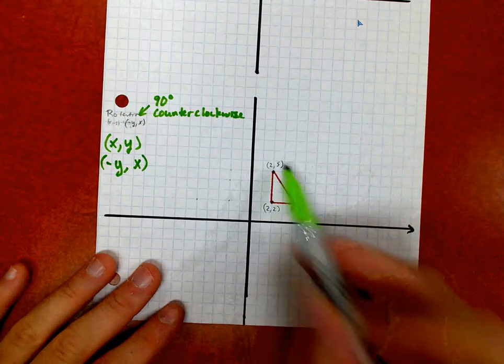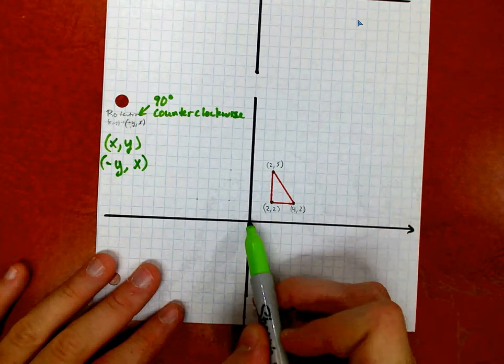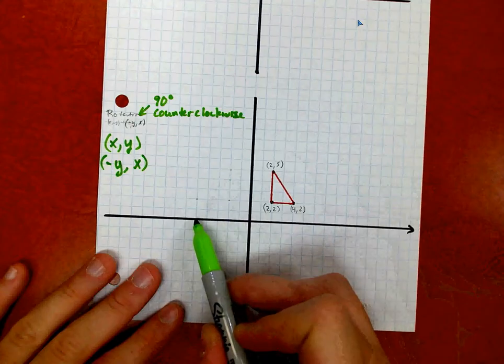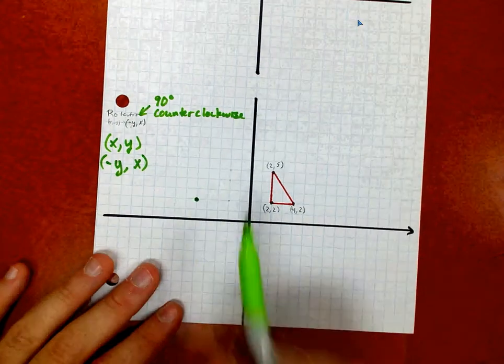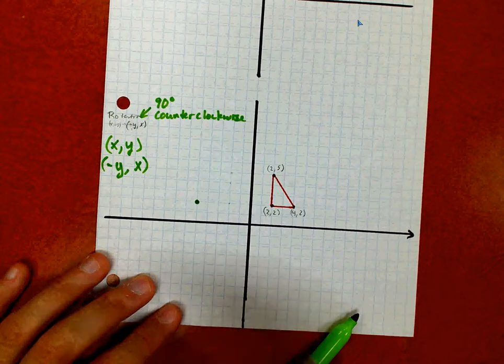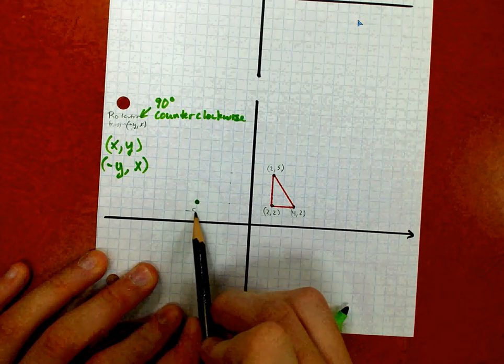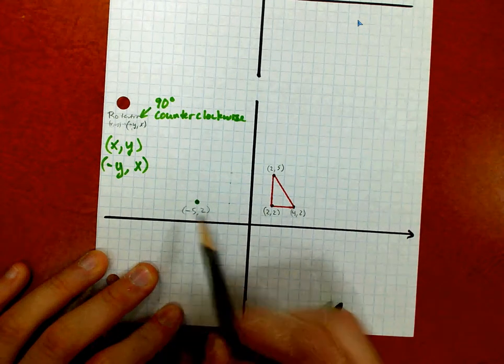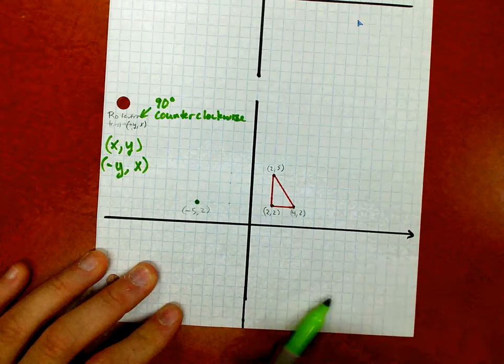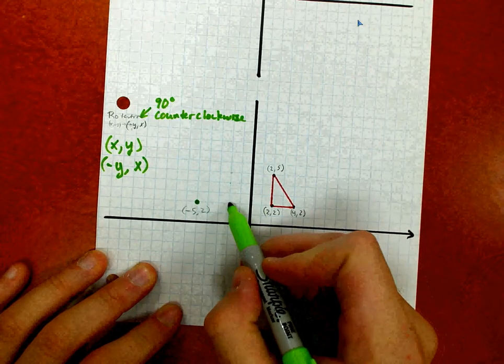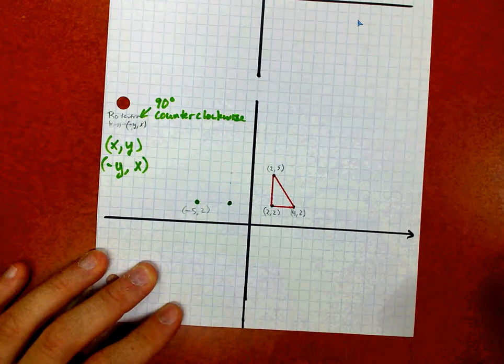So 2, 5 would become negative 5, 2. While 2, 2 would become negative 2, 2.